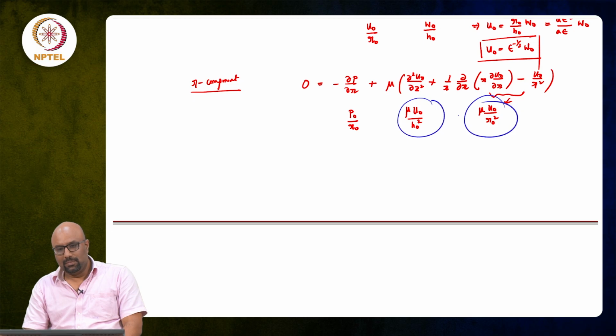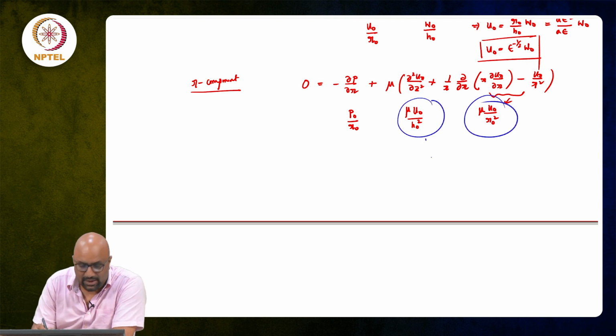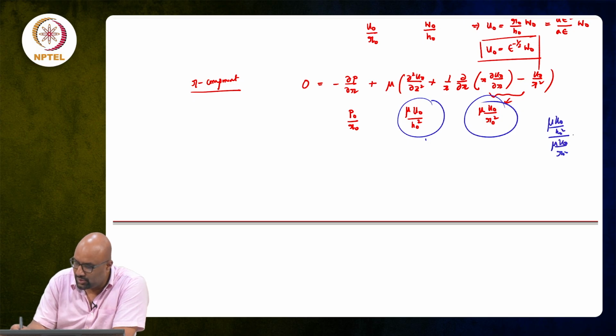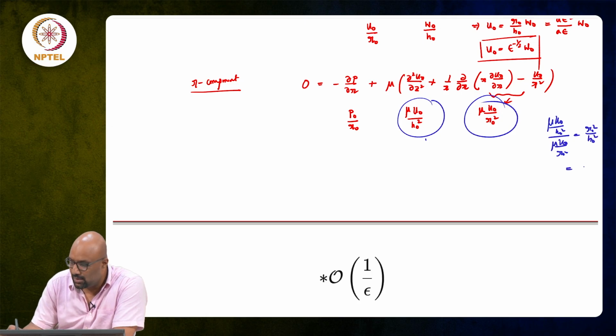The one mu u naught by h naught square or mu u naught by r naught square? This one, right? Because the ratio of the two terms is r naught square by h naught square, and r naught square by h naught square is epsilon, radial gradient.